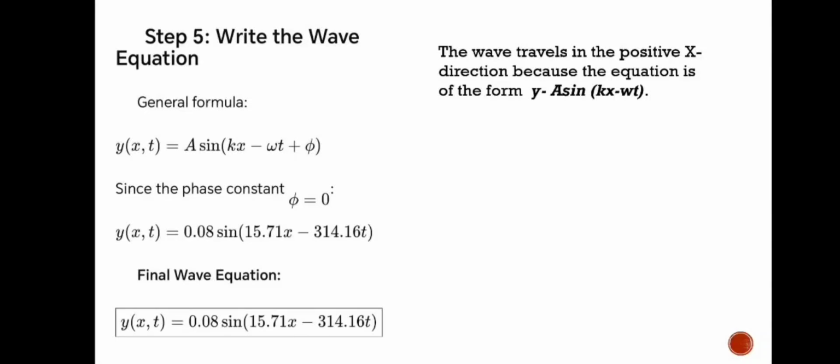So our answer uses a minus between the wave number and the angular frequency. Therefore, our wave travels in the positive x direction. That's the final answer of the exercise.